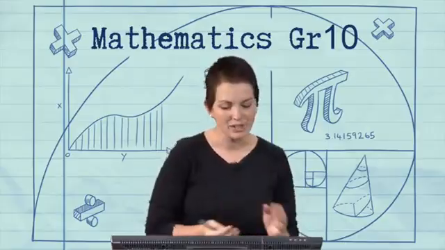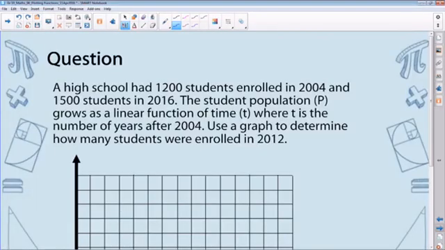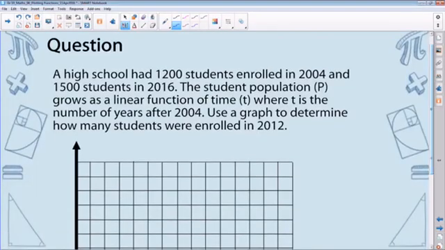Let's take a look. So the first question says, a high school had 1,200 students enrolled in 2004 and 1,500 students in 2016. The student population P grows as a linear function of time T, where T is the number of years after 2004.